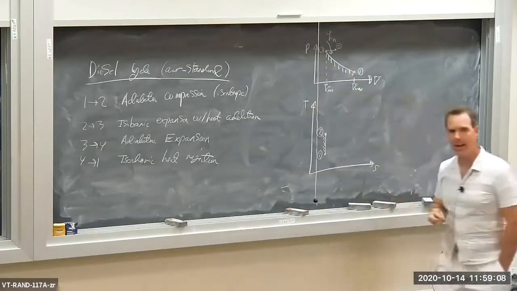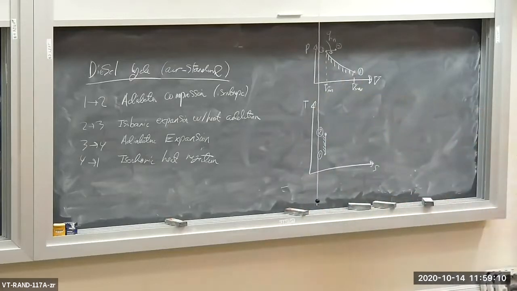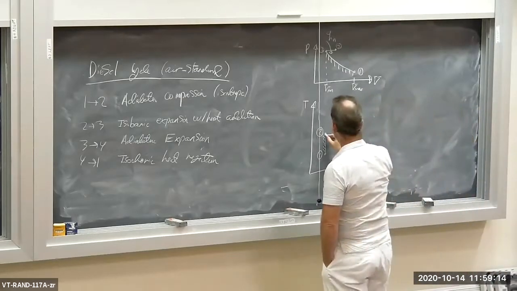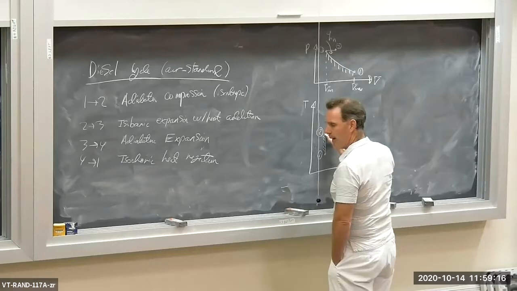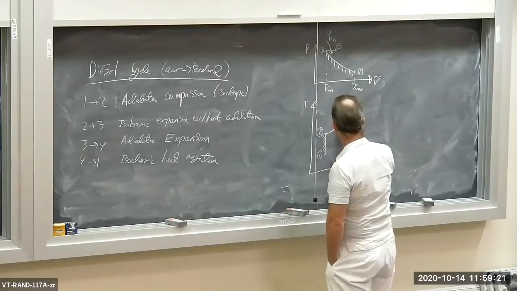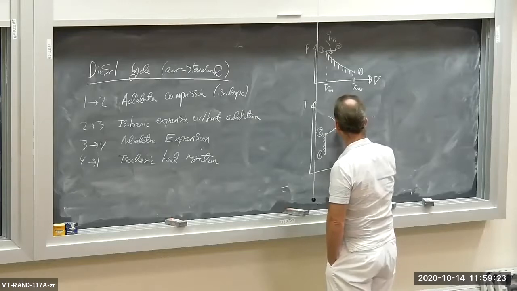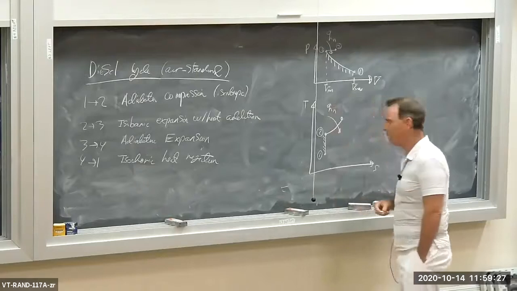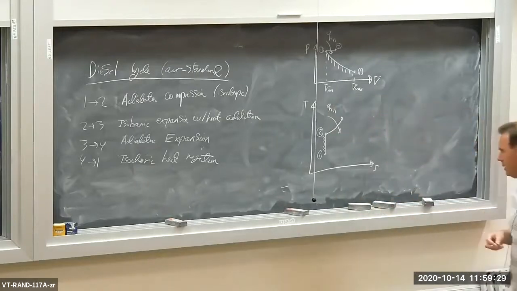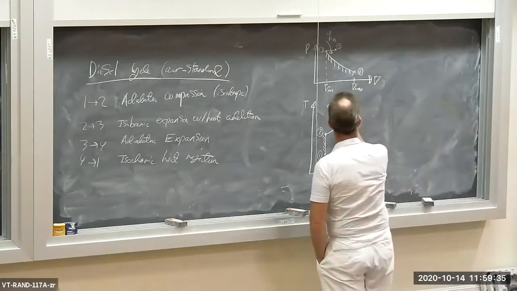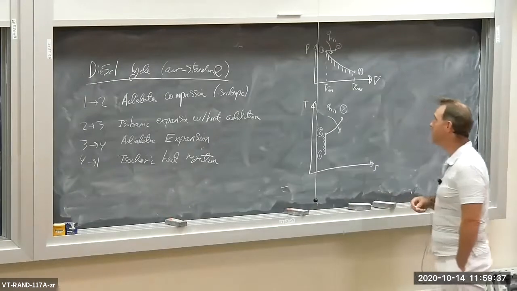We're adding heat isobarically, so that's a horizontal process on the PV diagram. Temperature goes up and specific entropy goes up because we're adding heat. So delta S is positive from 2 to 3.